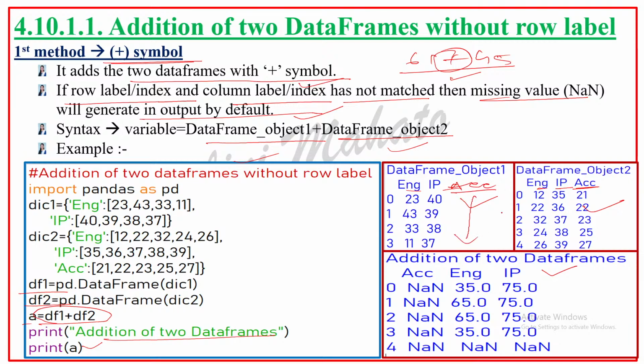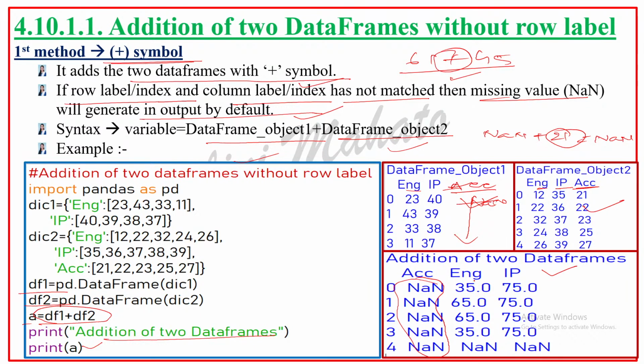So then at the accountancy place, NaN will come, missing values. Why? Because row and column labels are not matched. Here no column, here one column is there. So whenever it is not there, that means missing, and when you add a missing value with an integer, the output generated is a missing value only, not an integer. Remember this one: any missing value added with an integer generates a missing value. That is why the missing value is generated.